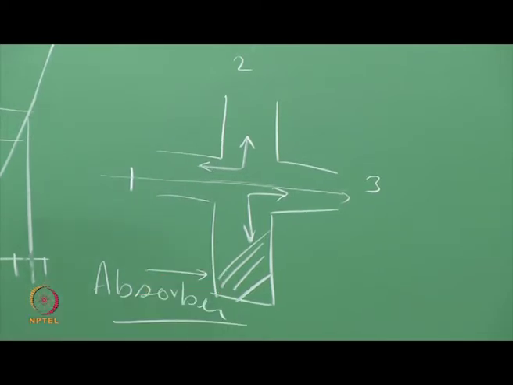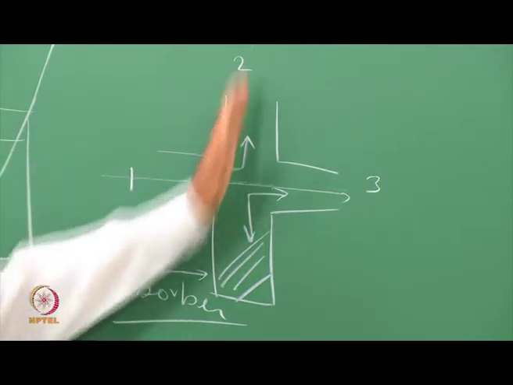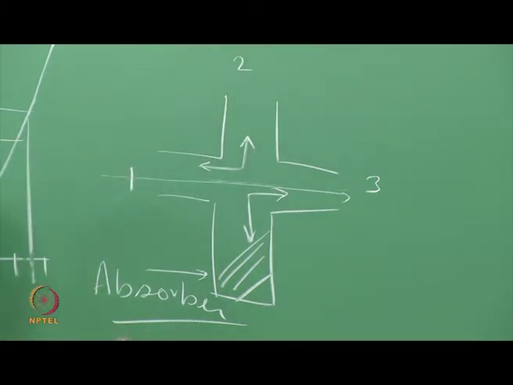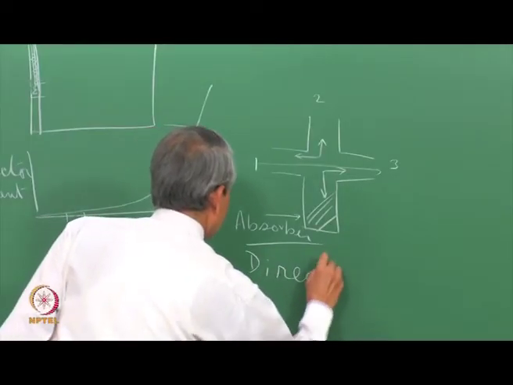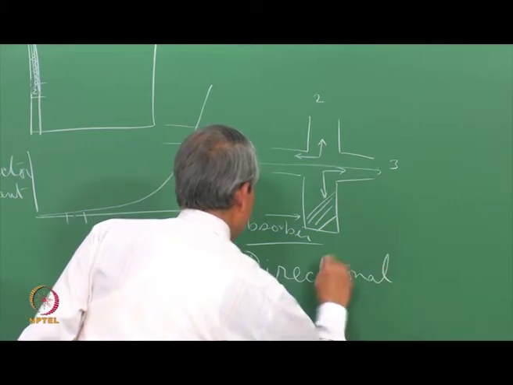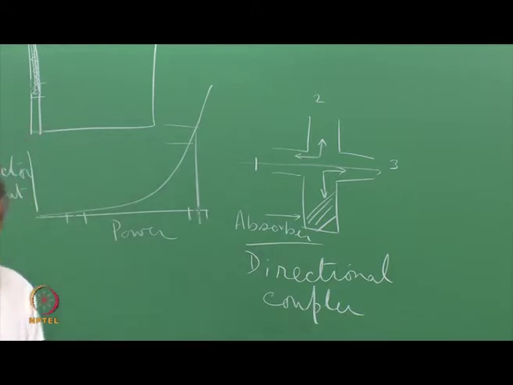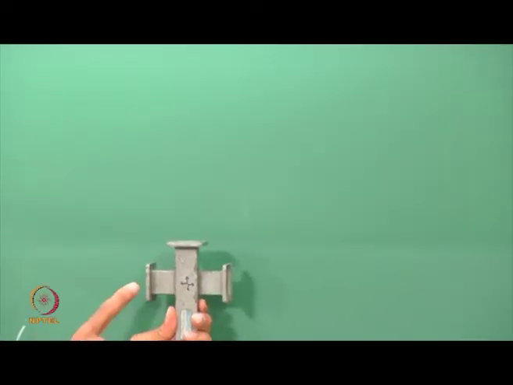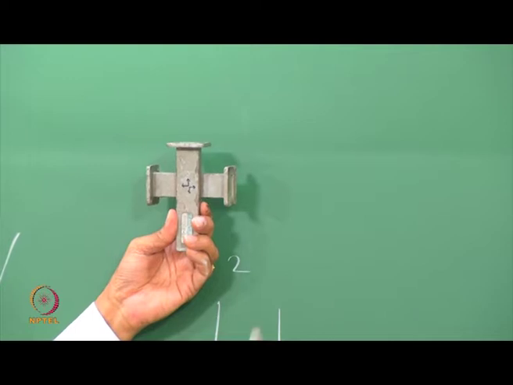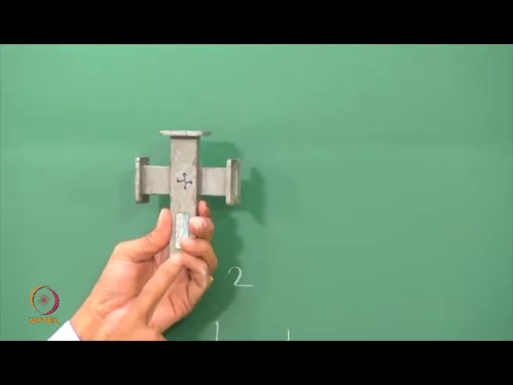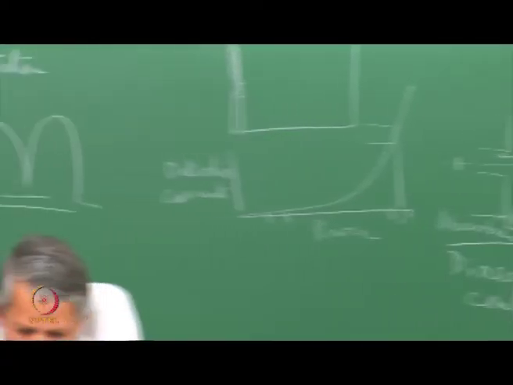So, this does not reflect. This type of coupler which couples microwave in a directed way, that is, if power enters here it gets coupled here only in this direction, is called a directional coupler. So, power entering here will get coupled here, and if it enters here it will come here and get absorbed. This is the directional coupler which is shown here.